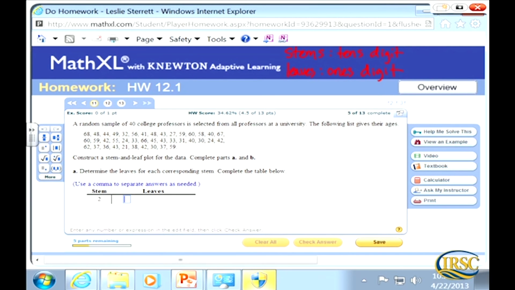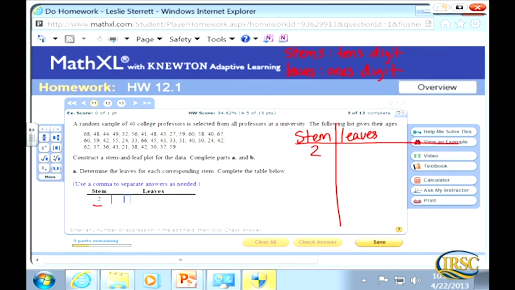Okay, so I'm going to create my own stem and leaf plot off to the side here. And so looking at our numbers, we want to figure out what's the lowest tens digit that we see. And it appears to be 20s, and I'm going to cheat a little bit by looking at what they've started with here. Okay, so the 20s.